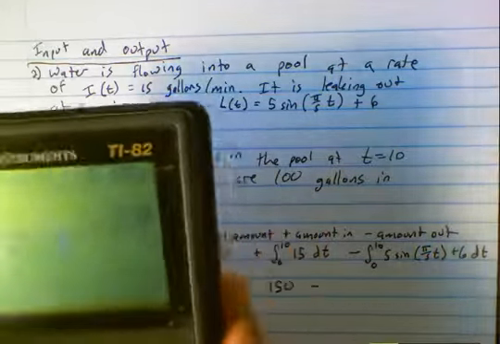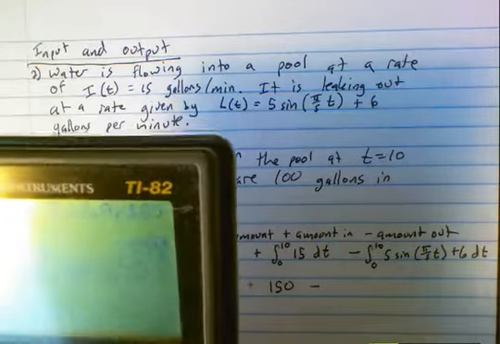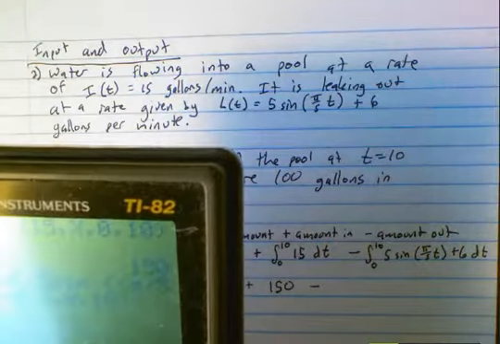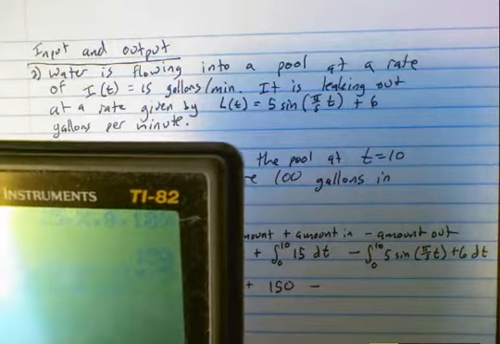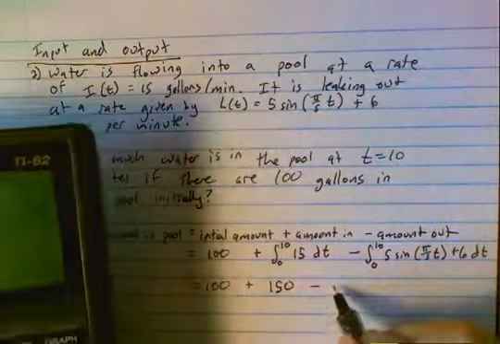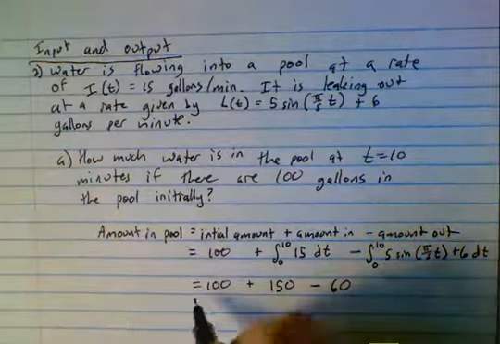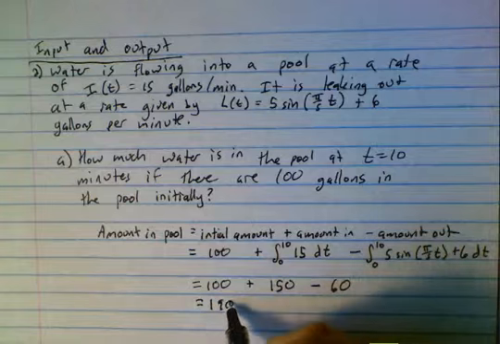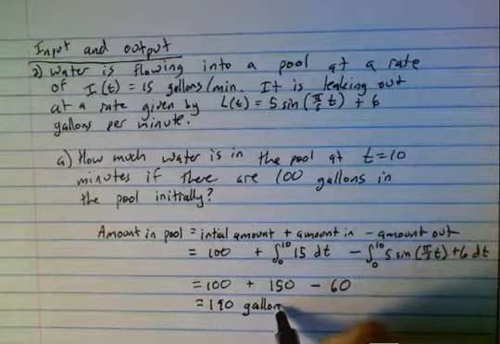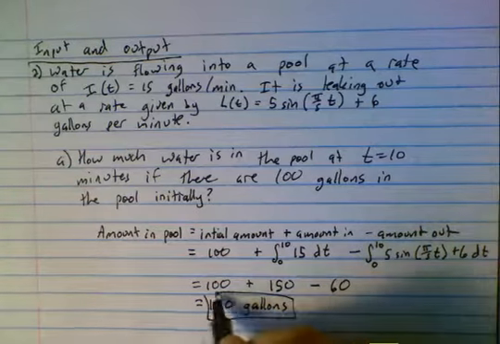Variable is x from 0 to 10. That's 60. So 100 plus 150 minus 60, that's 190 gallons.